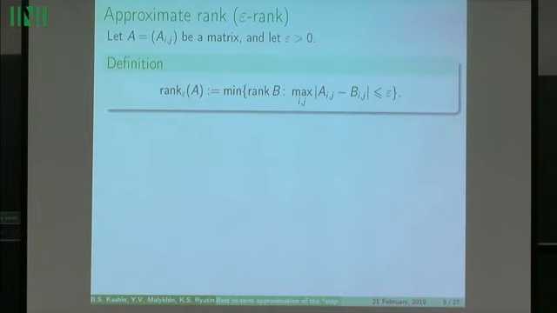So we fix our matrix A, we somehow try to manipulate its entries, but in a way that the error is not greater than epsilon. And we try to minimize the rank of the matrix which we can obtain in this way.